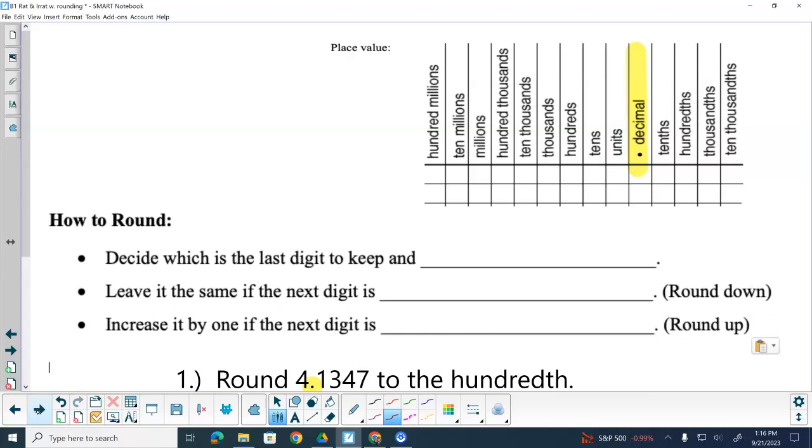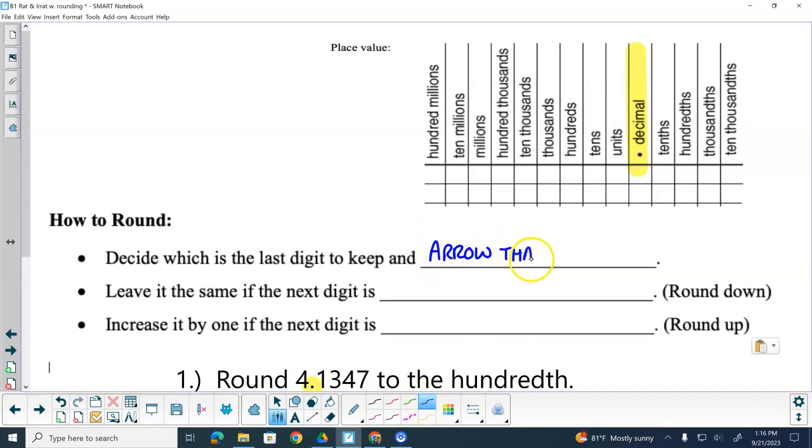For instance, example number 1 says round to the hundredth. What I like to do is put an arrow pointing at that place value.